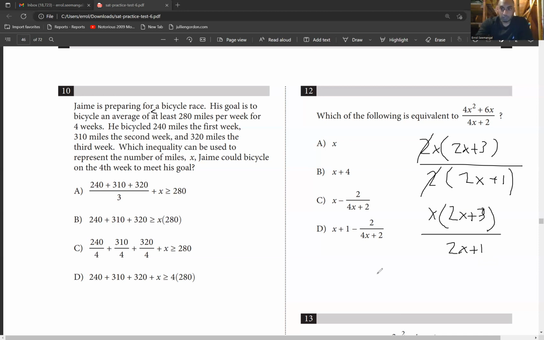Okay, let's see here. 4x plus 2, 4x plus 2.